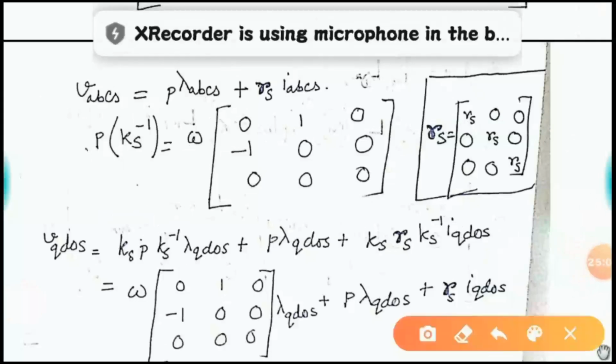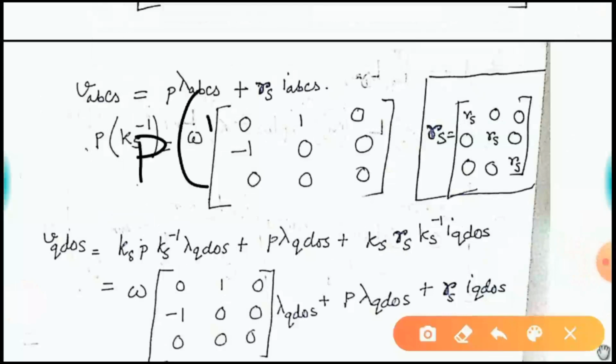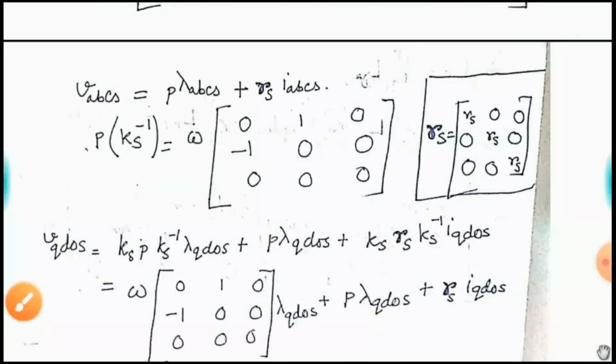So we know that when we perform this, it results as the one that we have shown here.